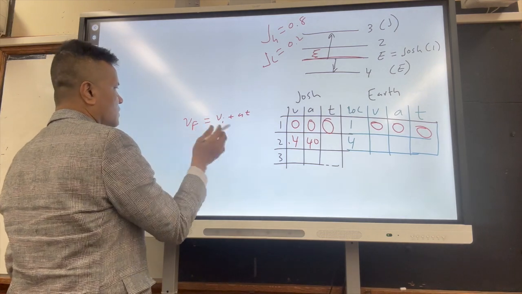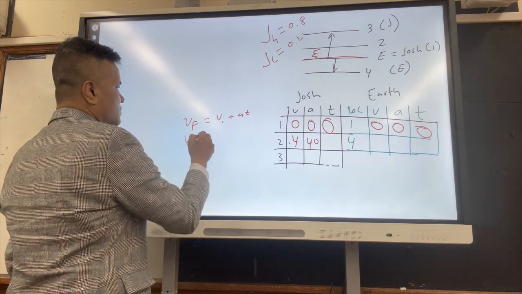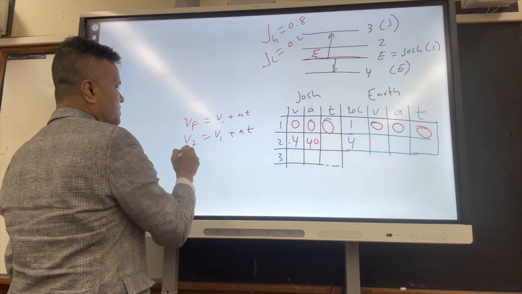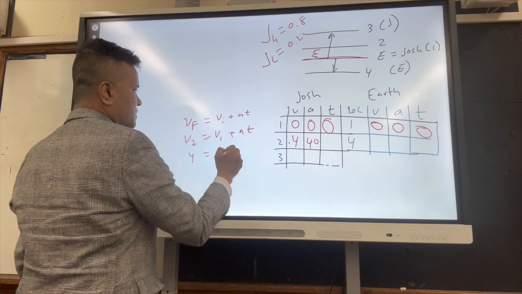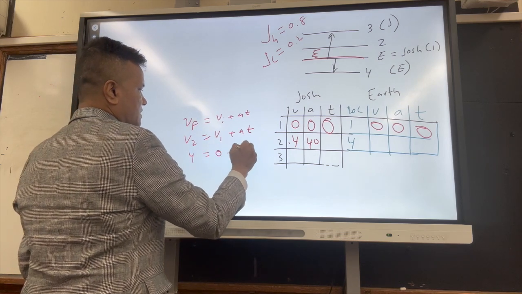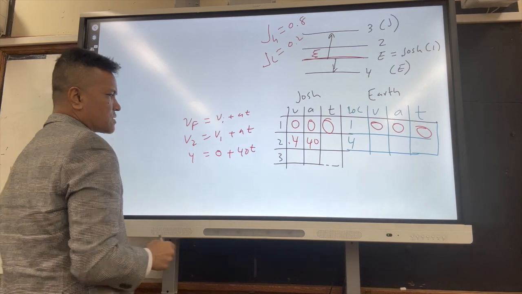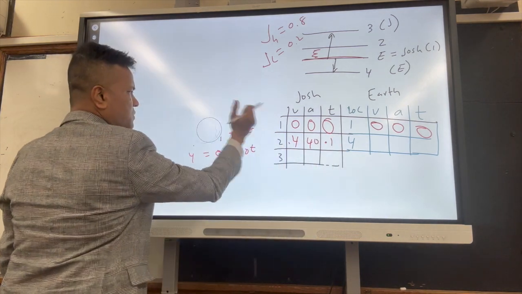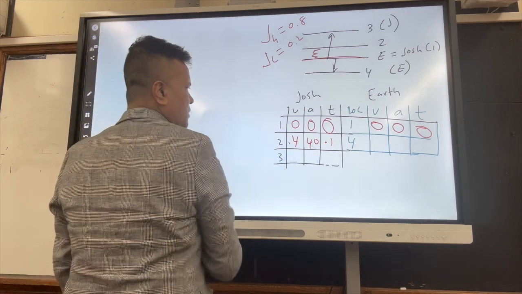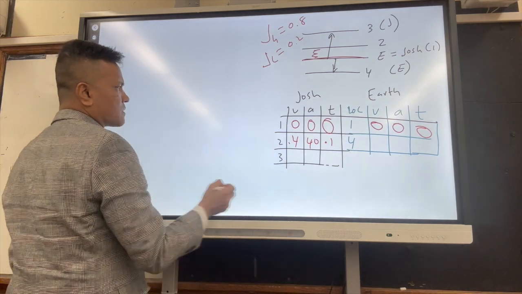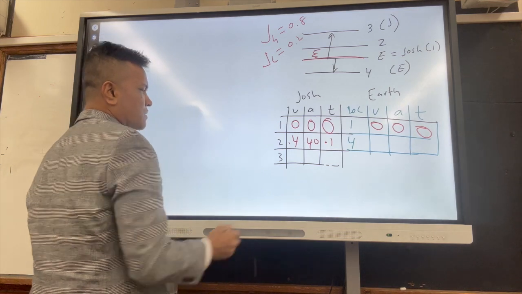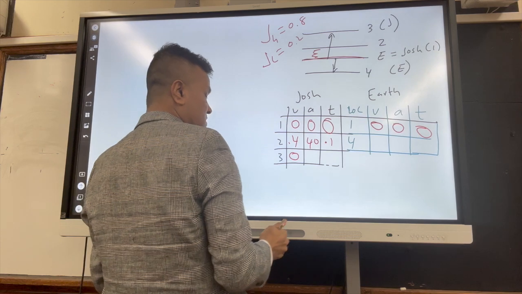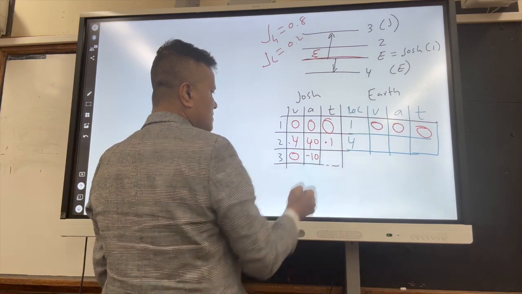So location 2 velocity is 4, location 1 velocity is 0, plus 40t. 4 divided by 40 is 0.1, which is kind of instantaneous. Velocity at location 3 is 0. Why is that? Because it's the turnaround.